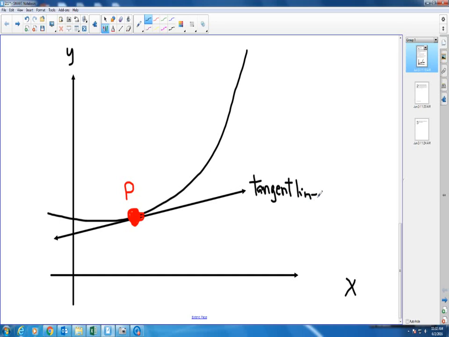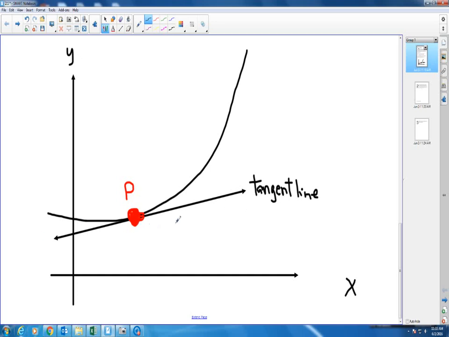So what we want to do is find the equation for this tangent line at that point.